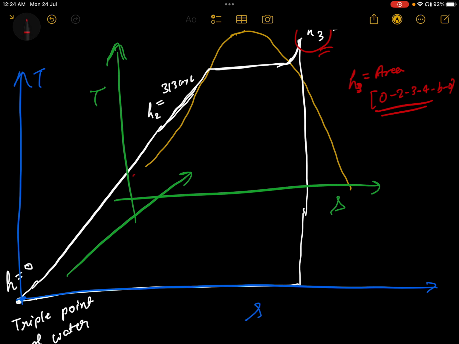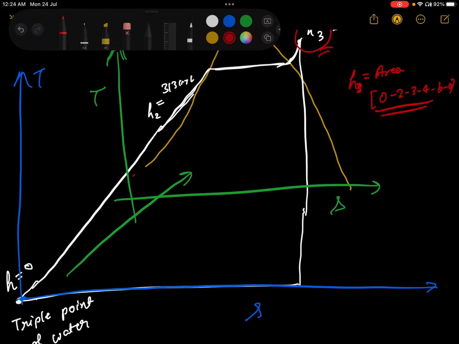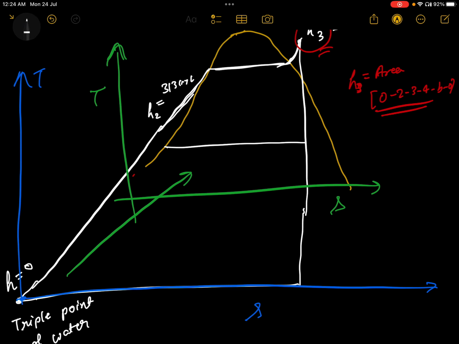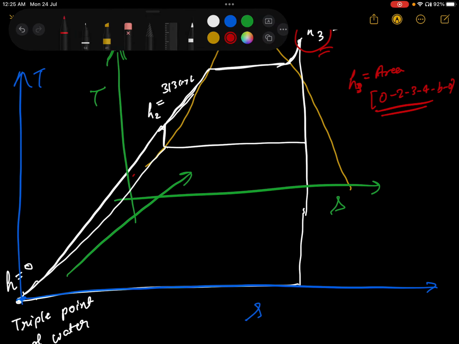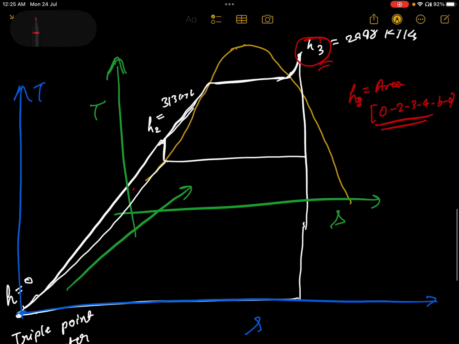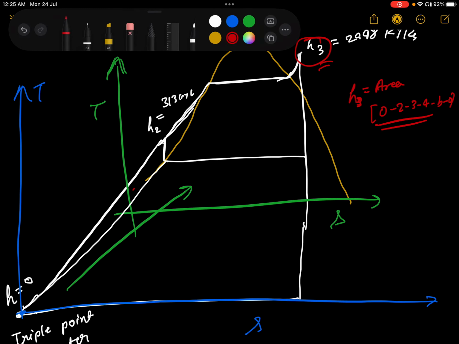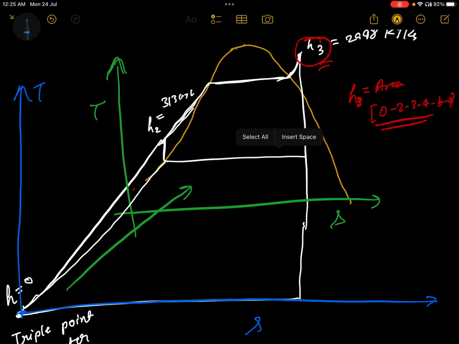Actually, I have taken here the condenser pressure, and this will be like this. Let's denote all the points: 1, 2, this is 3, and 4.